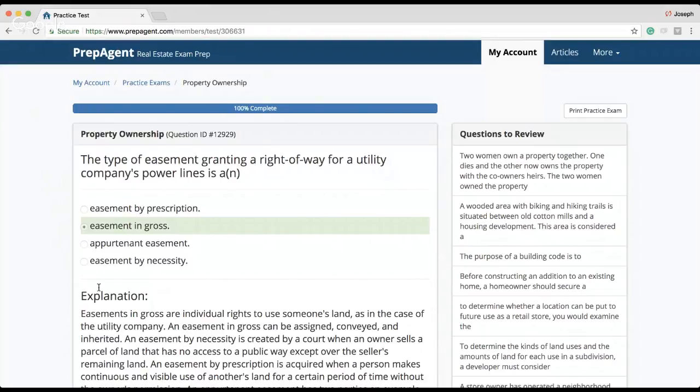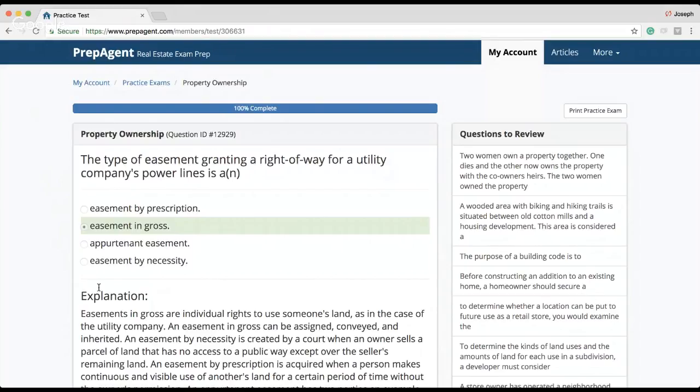It has to do with time. So I love that Phoebe wrote one word, because remember, you got a lot of words to remember for your exam. So you want to use these simple ways to remember. And easement by prescription, a good way to remember that is just remember the word time. And hopefully that will help trigger the rest of the definition. And an easement by prescription, when you use it for a certain amount of time, you get the right to that easement. And that amount of time changes as per what state you're in.